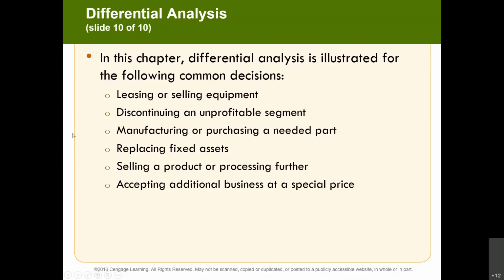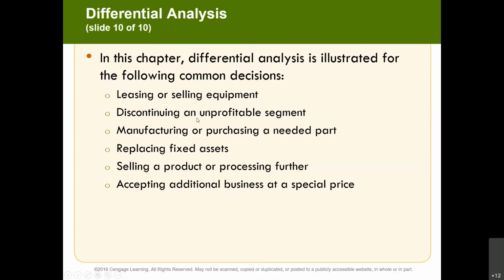So based off of what we just saw, here are some of the common decisions that we would use differential analysis in as managers. The decision between leasing or selling equipment. In your personal lives, you might want to look at this as leasing or selling a car. The same principles apply in that type of decision making.